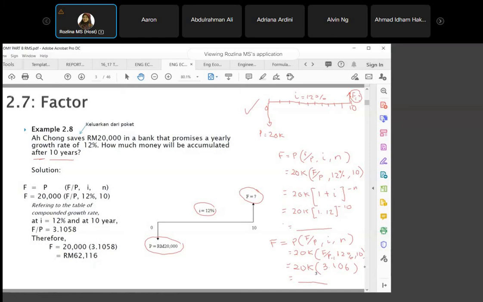It should be the same as this one. Right? Is it the same? Try to check. Okay, this one is confirmed. Try to find out by using the formula, is it correct or not?